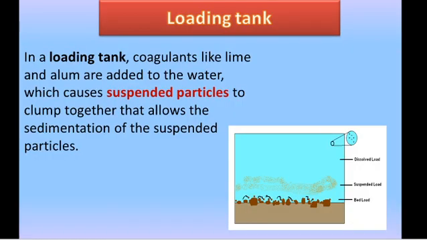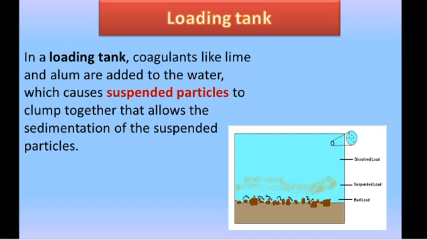Let us see the next one, loading tank. In the loading tank, the same process happens, but we add some coagulants like alum. Alum makes the suspended particles heavy. That means the suspended particles clump together with alum and then get deposited at the bottom.